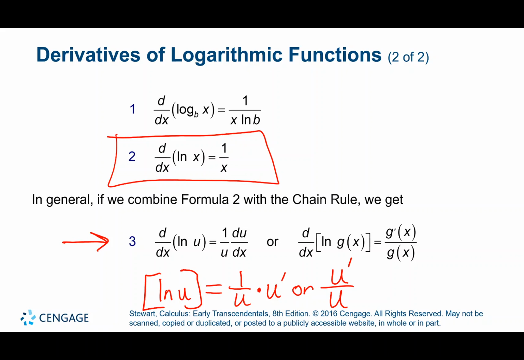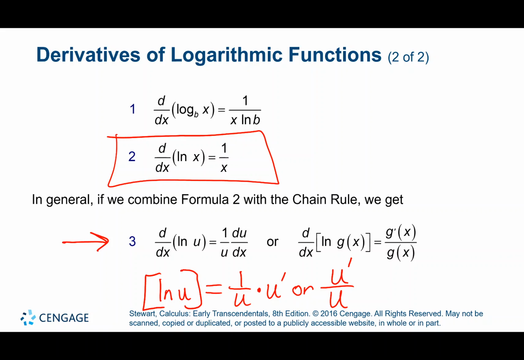Writing it this way is nice, we just get the one term all collected together, but it's a little bit more confusing to see how we get that from this. So u prime over u. Here they've got it written in function notation for the inside function, so g prime of x over g of x. Same thing. So that's our big rule.